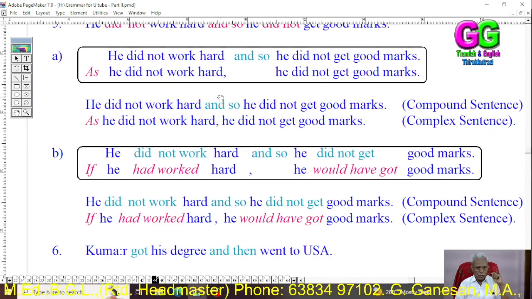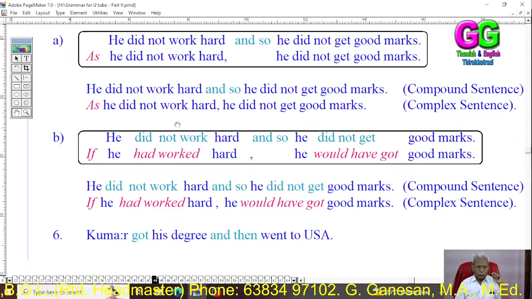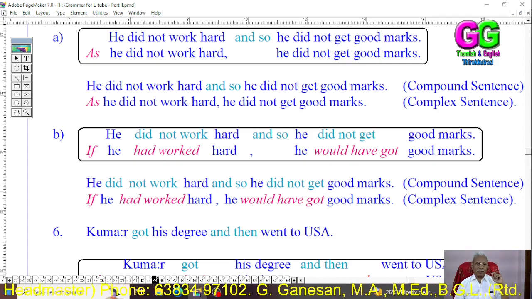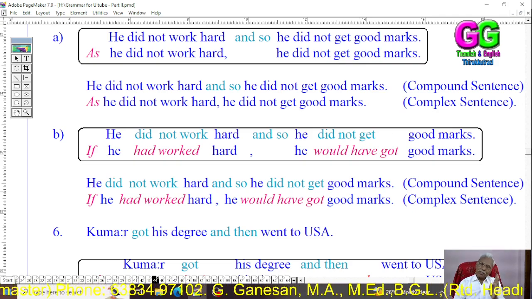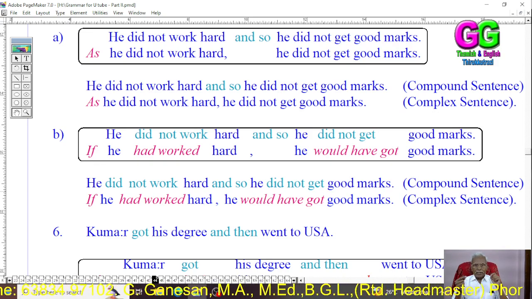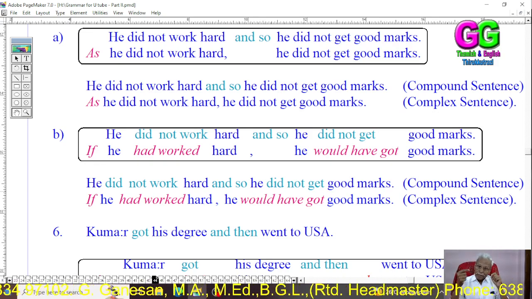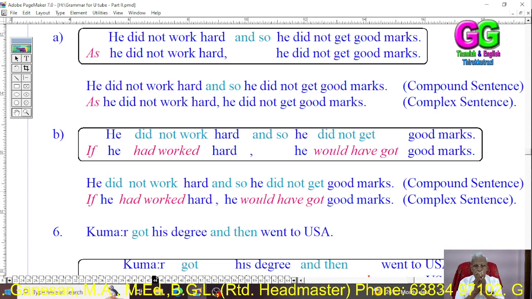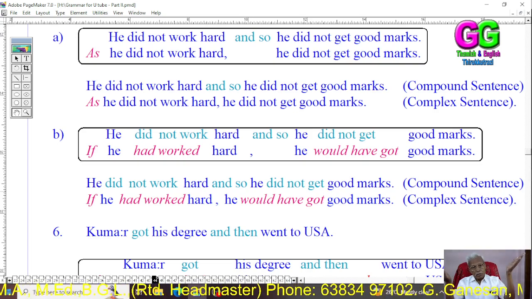What the rule is, see, he did not work hard and so he did not get good marks. So you can say it in another way: he could have got good marks if he had worked harder.